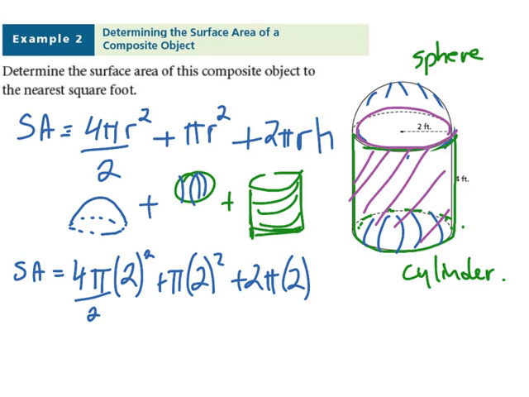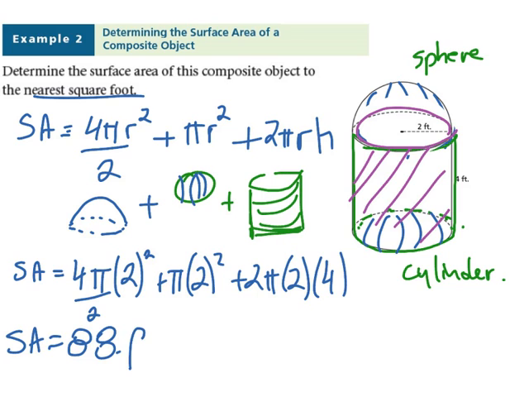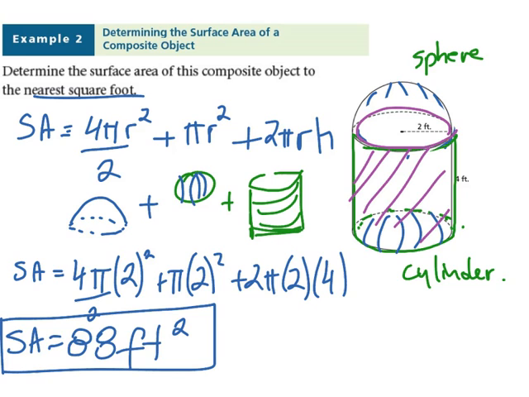And our surface area to the nearest square foot turns out to be approximately 88 feet squared, and that's our answer. Again, in this question, we added the surface area of the hemisphere, a circle, and the lateral face of the cylinder.